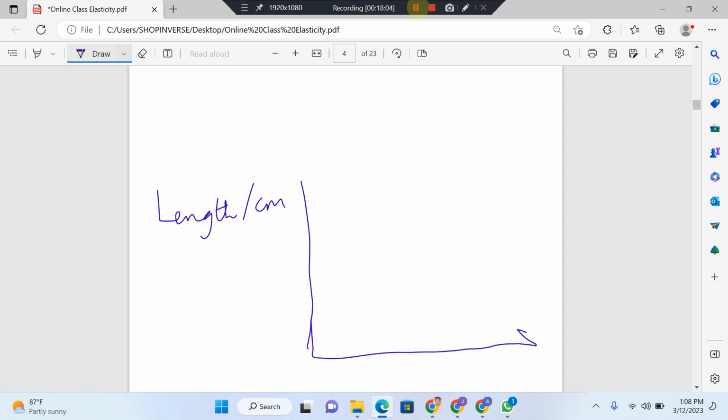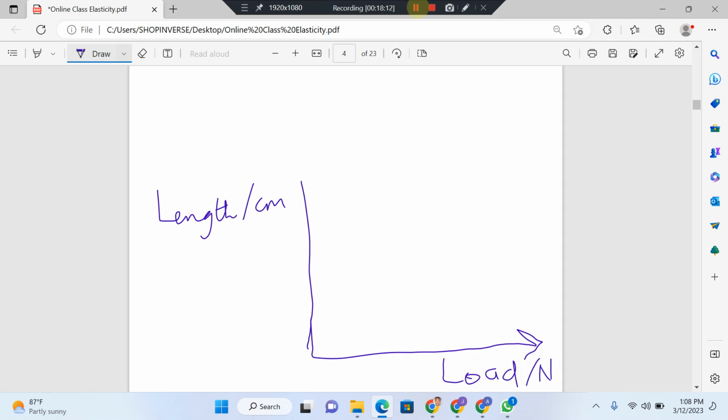What do I mean? If I put length here, in centimeter, against the load, here we have the load in Newton.